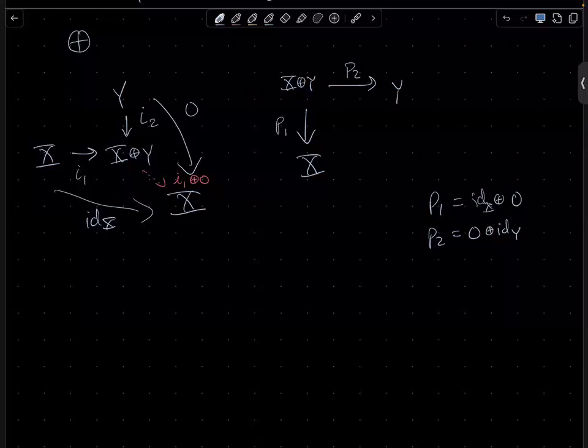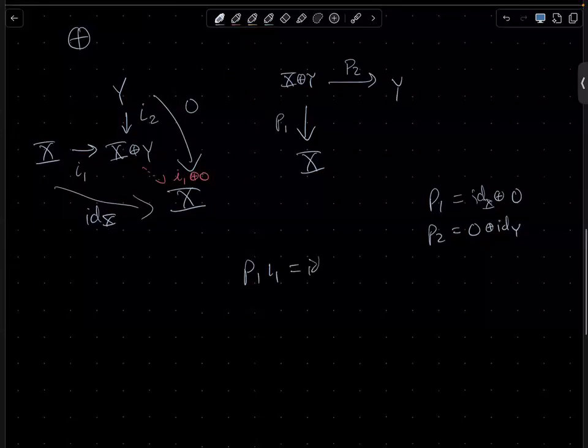Some things to note are, if you compose the i's, which I'm just going to call inclusion, and the p's, projection, in certain ways, you get 0 or identity, depending on how you do it. I wrote this backwards. Inclusion followed by projection: I1 followed by P1 is id X, and again with I2, P2, that's id Y. If you cross them, you get 0.